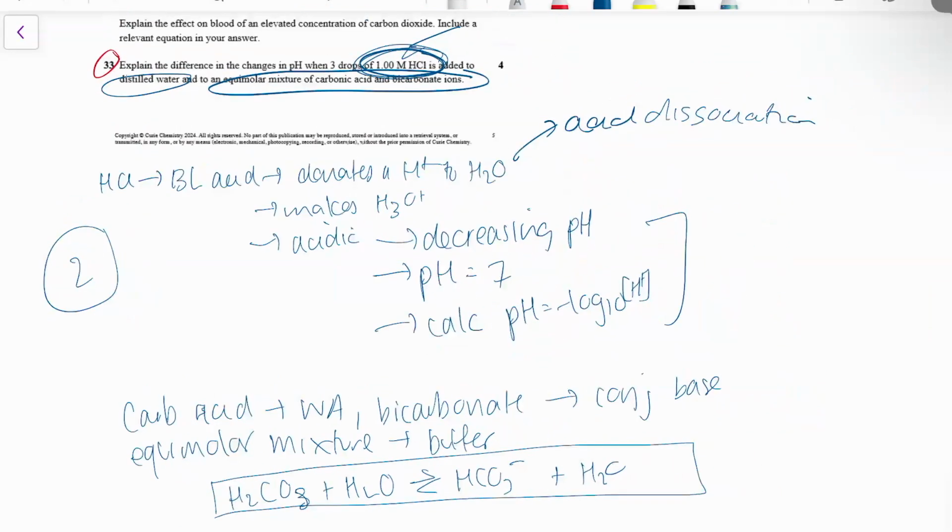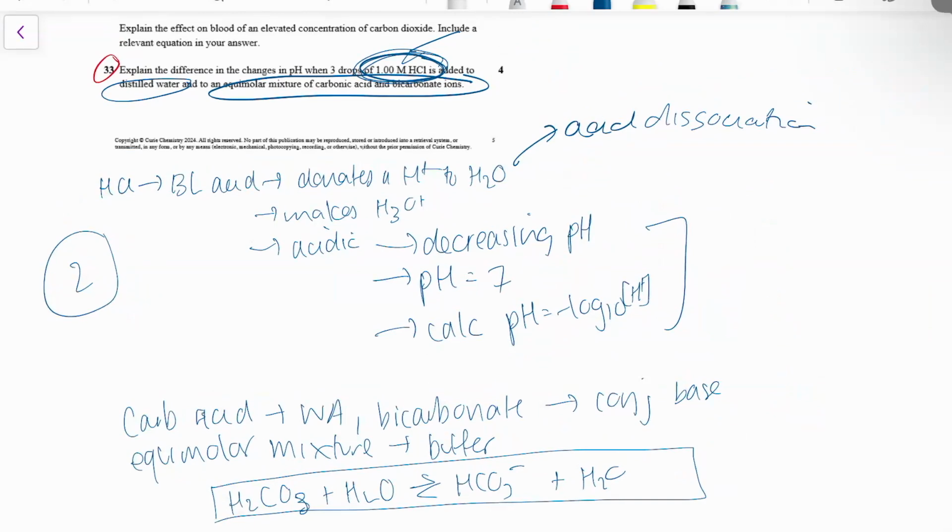The buffer part of this answer is going to take a little bit more to do because it's resisting the change in pH, which means it's going back and forth, which means we have to talk about LCP. So when you add drops of HCl, HCl is an acid, so it donates protons.